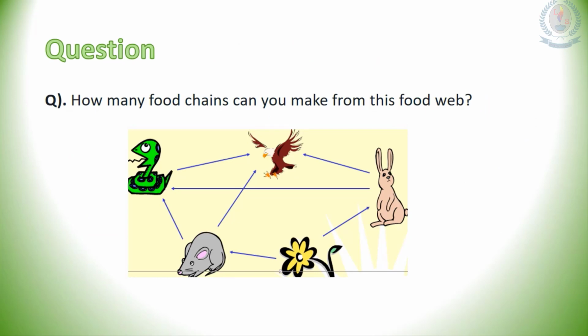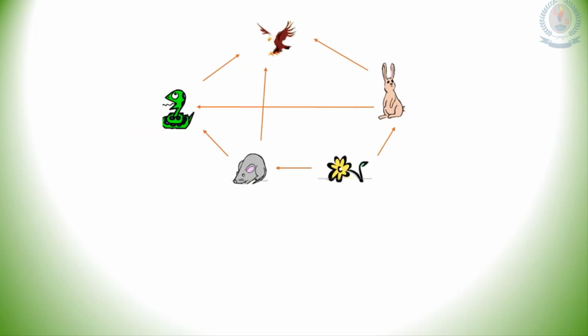Okay, look at this question. How many food chains can you make from this food web? You can take a paper and write down the food chains that you can identify. Shall we check your answer? Yes.